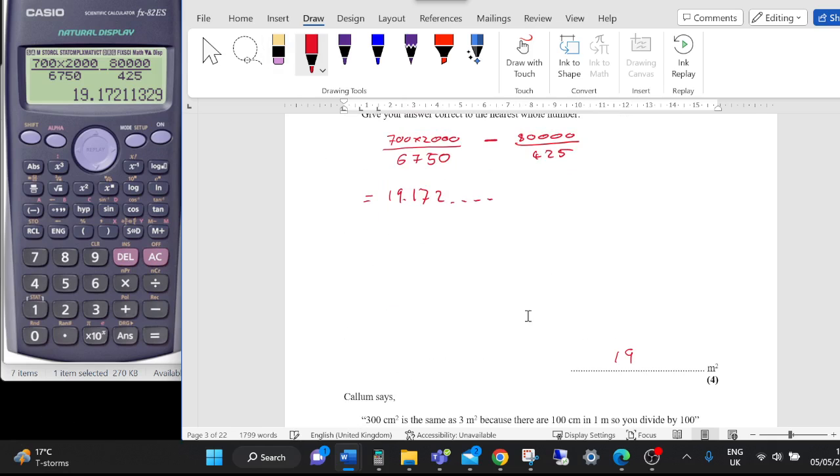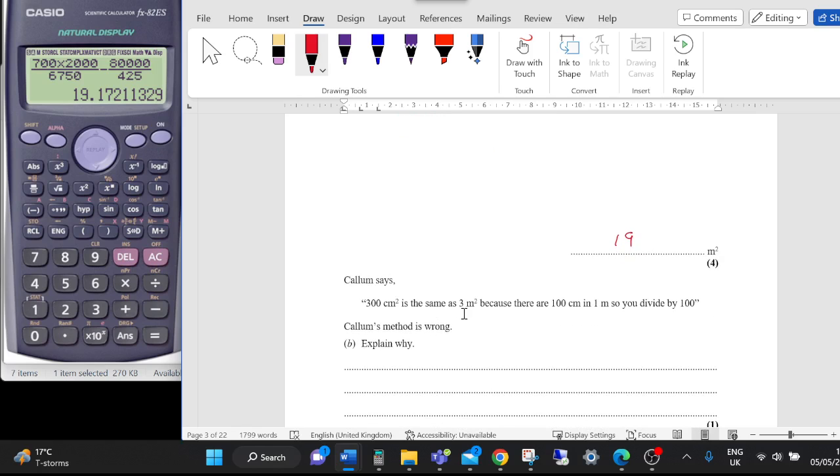And for part B, Callum says 300 centimeters squared is the same as 3 meters squared because there are 100 centimeters in 1 meter, so you divide by 100. Callum is wrong. Explain why. Well, 1 meter squared is actually equal to 100 centimeters times 100 centimeters. So it would be equal to 10,000 centimeters squared.